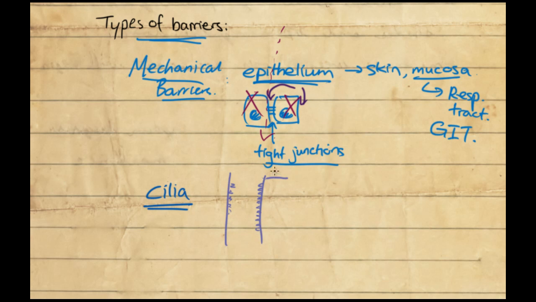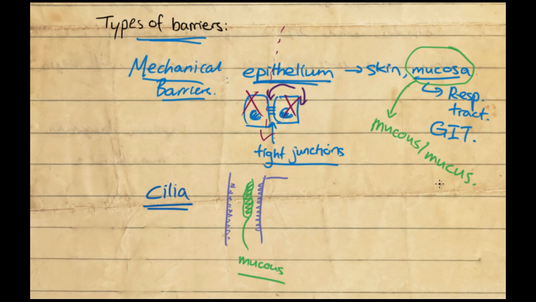Basically, they work in conjunction with what's called mucus. Mucus is a thick, viscous fluid which is produced by the mucosal epithelium, like the mucosa we talked about. Or mucus, however way you like to spell it.